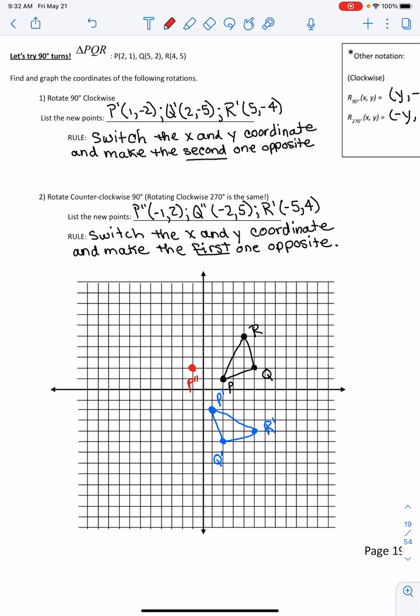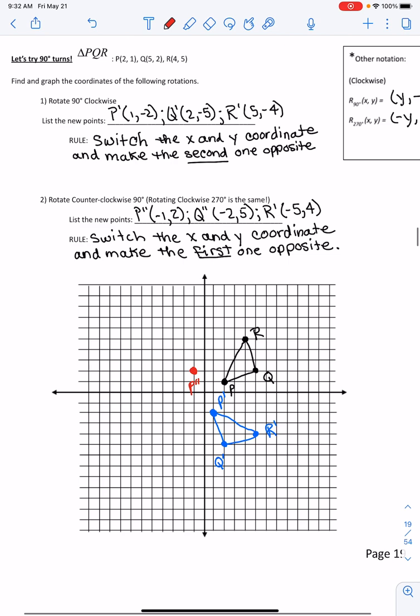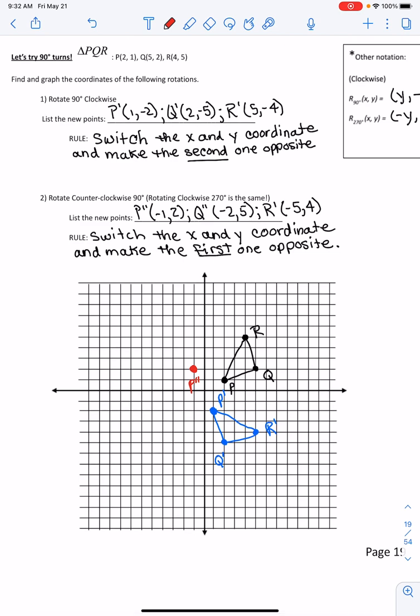Q double prime is negative 2 and 5. And then R double prime, and I have to fix that because I just put R prime, is negative 5 and 4.